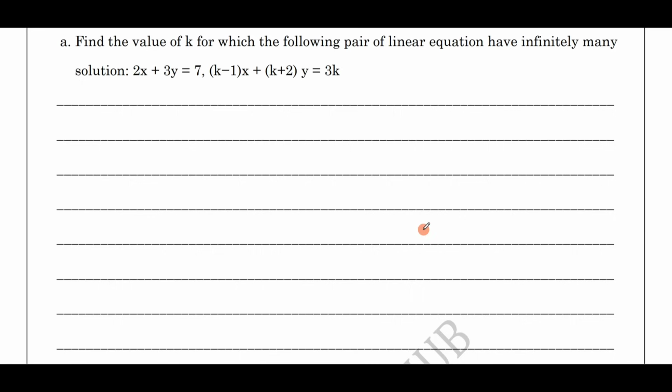If the lines are coincident, infinitely many solutions: A1 by A2 is equal to B1 by B2 which is equal to C1 by C2. Based on this you'll get a question, at least in the 1 mark question, if not, definitely for 2 mark question. So try to learn those concepts.